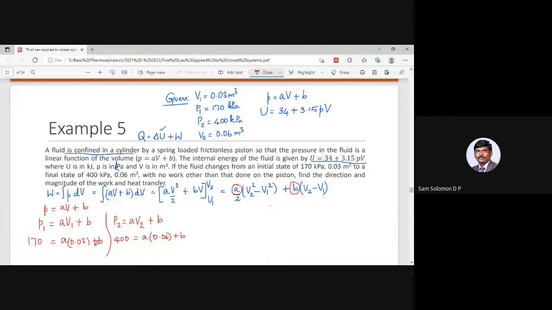So the two equations are: 0.03A plus B equal to 170 kilopascal, and 0.06A plus B equal to 400 kilopascal. It would have been better if I had written the second equation above, because subtracting will be easy.